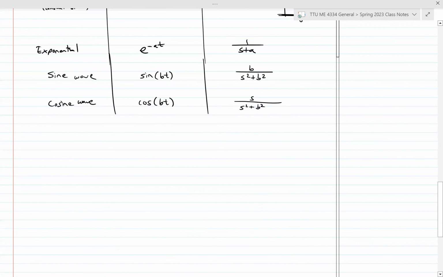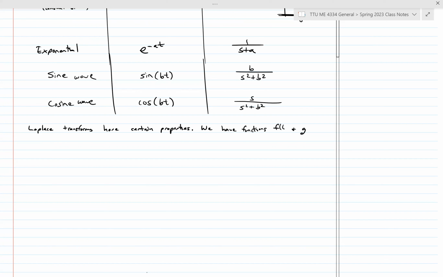All right, so Laplace transforms have certain properties. Let's say we have functions f and g, which are both functions of time here, right? a and b are constants.